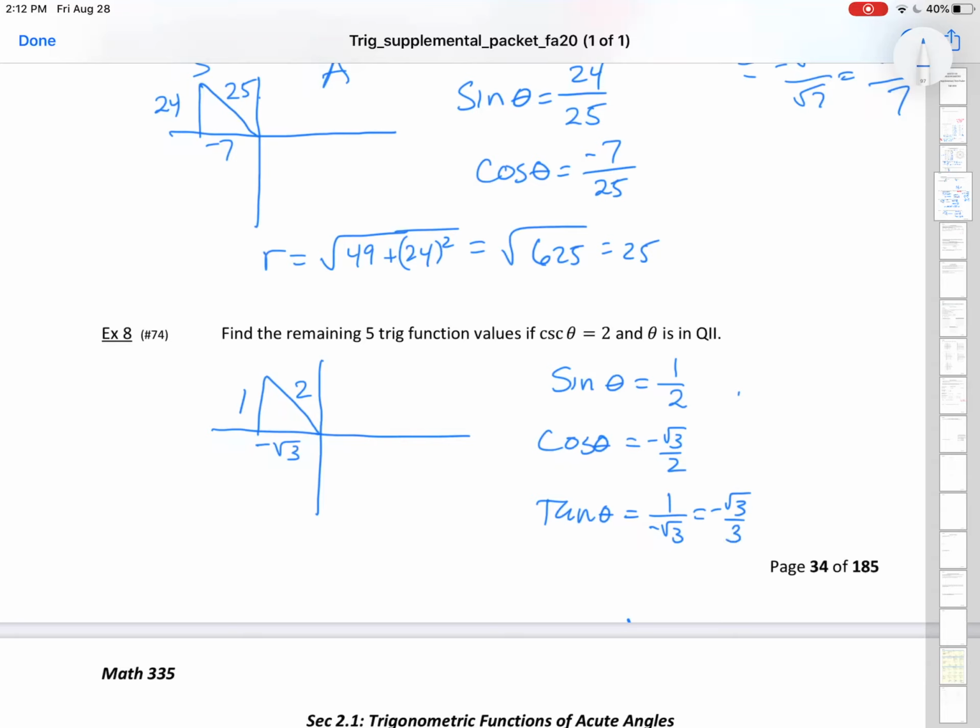Okay. Cosecant we already knew was 2. Secant theta, negative 2 root 3 over 3 if I rationalize it. And cotangent theta, negative root 3, bringing that root 3 to the top. And that quickly you can get all those sines and cosines and tangents.